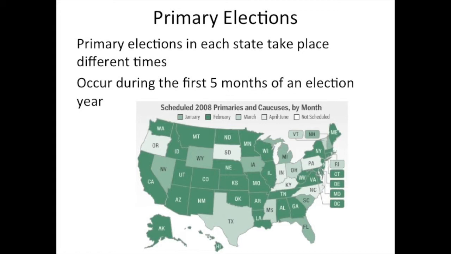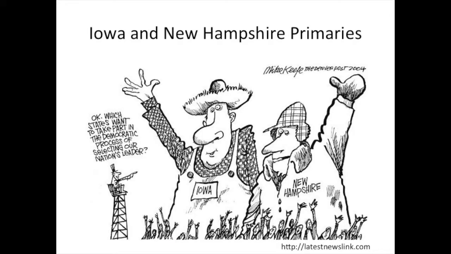So you probably recall hearing a lot, during a presidential election, about the Iowa and New Hampshire primary elections. The reason is these two states just happen to be the first two states to have their party primary elections. Iowa and New Hampshire will hold the primary election in February, though the exact dates may vary.